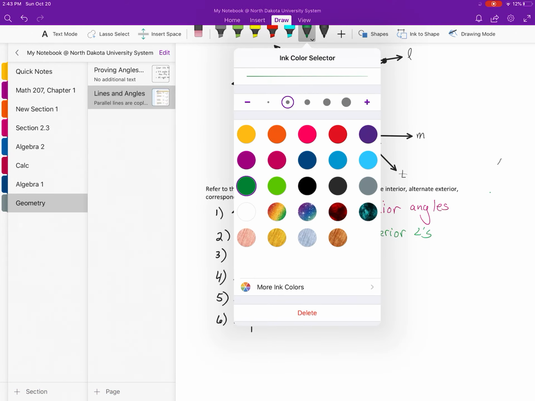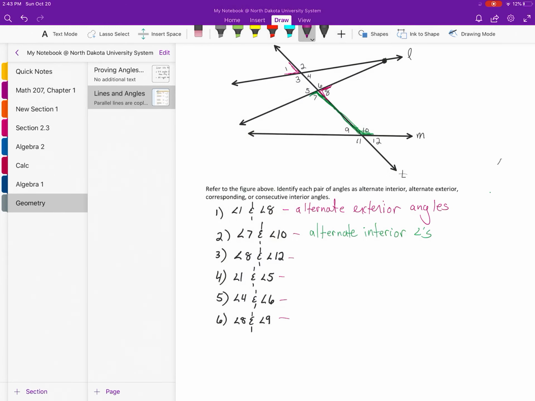What about 8 and 12? Those look to be corresponding, don't they? Don't they look like they're in the same position relative to their respective lines? So they're both on the same side of the transversal. Here's our transversal T, right? Don't lose sight of that. So this big long diagonal line is our transversal.